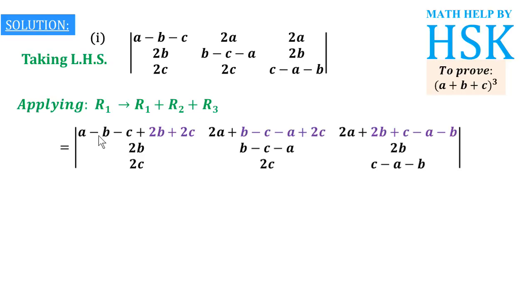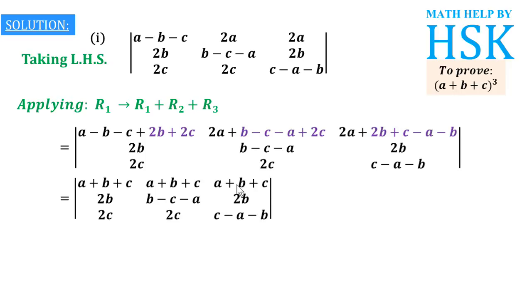So I'm going to obtain the determinant like this: a-b-c+2b+2c, 2a+b-c-a+2c, and 2a+2b+c-a-b, and the remaining rows, the second and the third rows, as they are. On solving the elements in the first row, I am going to get all the three terms in the first row as a+b+c.